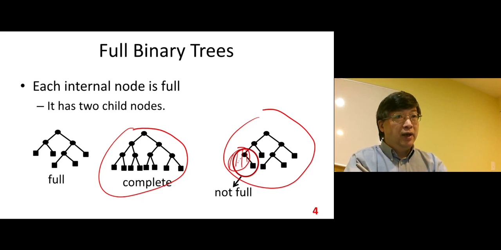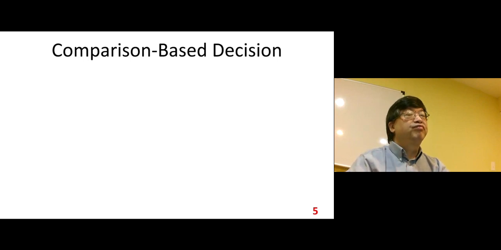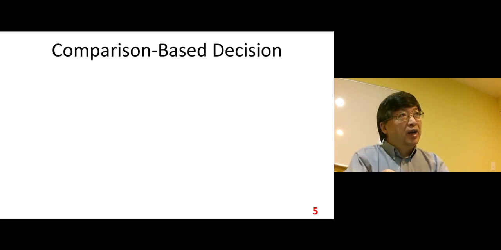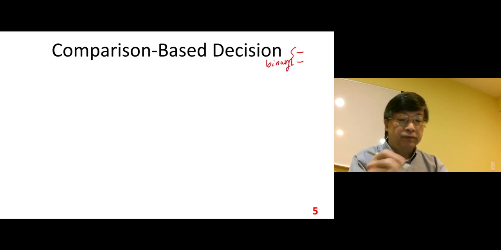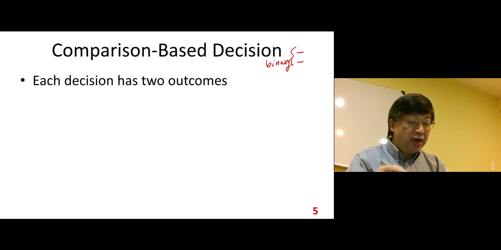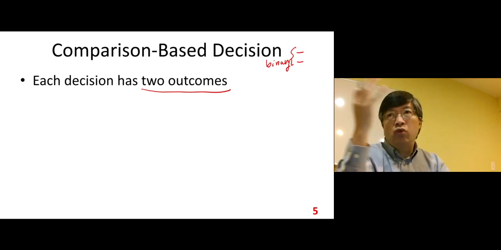Now we can look at a comparison-based decision. We make our decision based on comparisons. Remember the binary type decision: each decision has two outcomes. But you may ask, each comparison should have three outcomes: less than, equal, greater than.